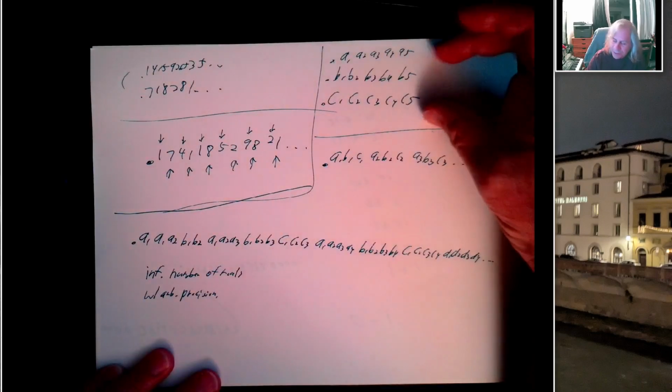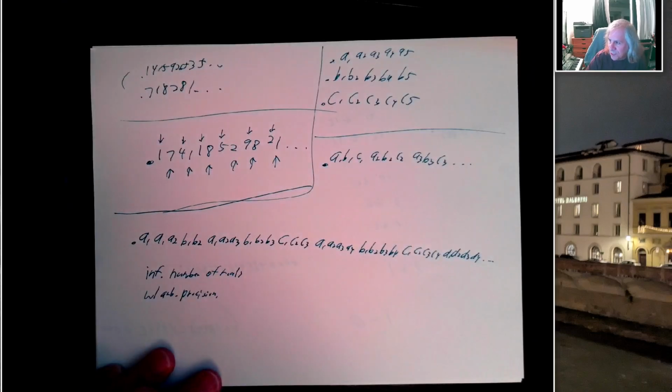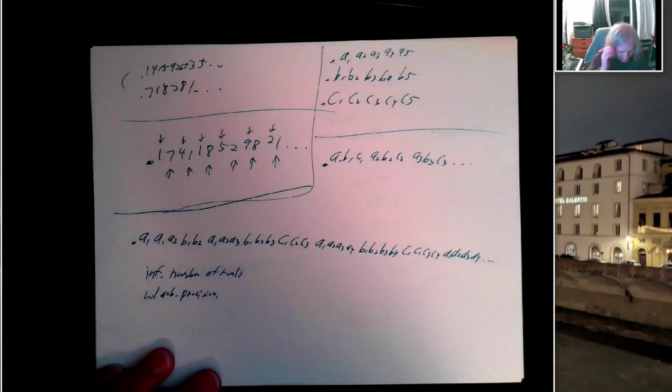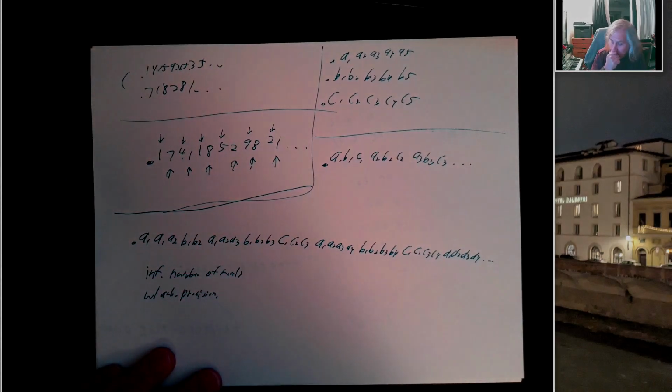I can do it for a countably infinite collection of reals, but I can't do it for all reals, not using this scheme. So it's pretty powerful. It's not boundless in what I can store, but it is pretty powerful.